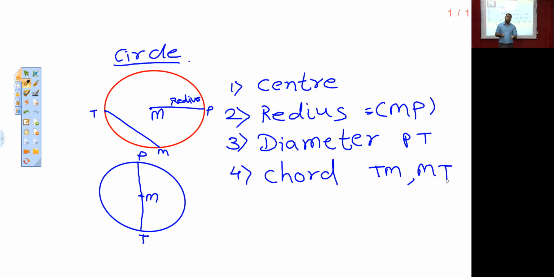Diameter is double the radius, the line which passes through the center of the circle. So the diameter is PT. Chord means the line which joins two points on the circle.